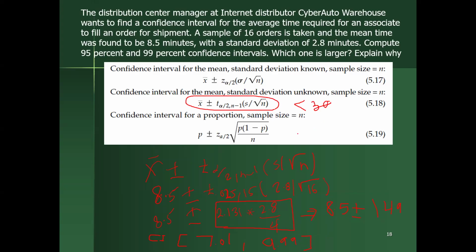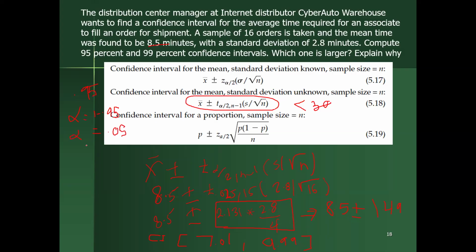Okay. So x bar plus minus T alpha over 2, n minus 1, s over the square root of n. So what's x bar? X bar is given, it is 8.5. I put 8.5 here. Plus minus T alpha over 2. How much is alpha for the 95%? If we are doing a 95% confidence interval, alpha is equal to 1 minus 0.95, which is equal to 0.05.